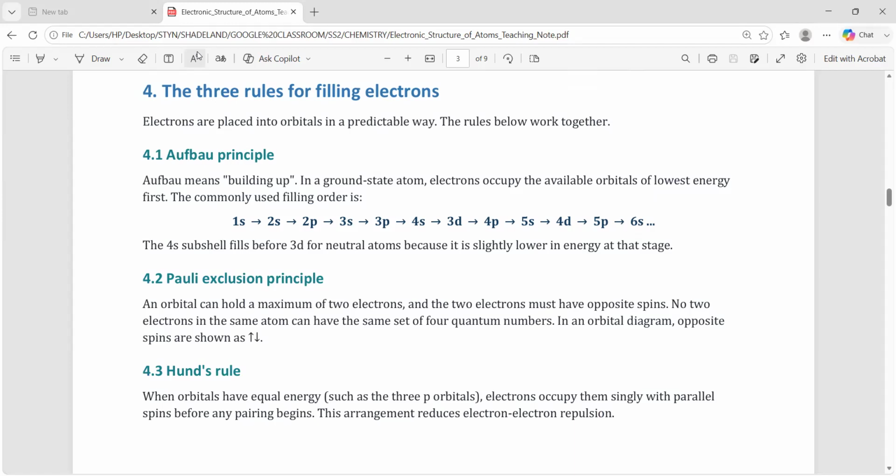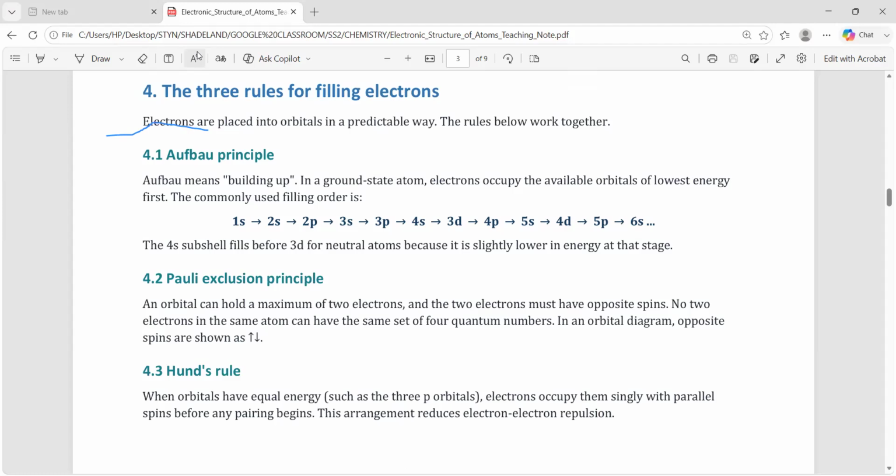In a ground state atom, continue from there. Electrons occupy the available orbitals of lowest energy first. Very good. The commonly used order is. Very good.